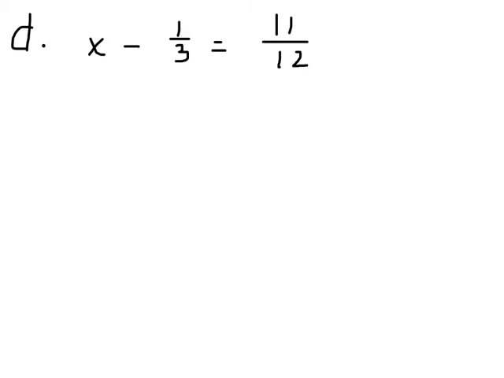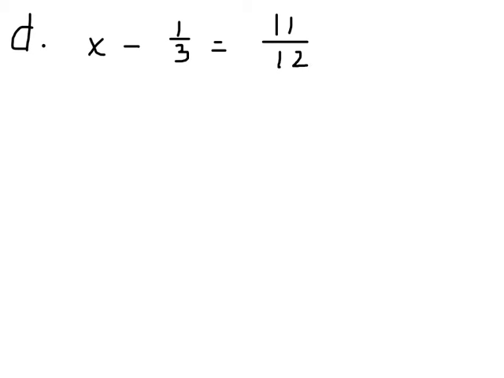And then finally, in D, we're going to need to add 1/3 to both sides, which means that we're going to need to get a common denominator for 12 and 3, and that obviously is 12, so this top number here won't change.